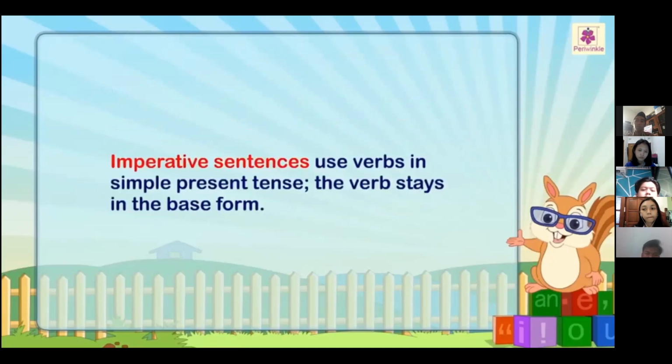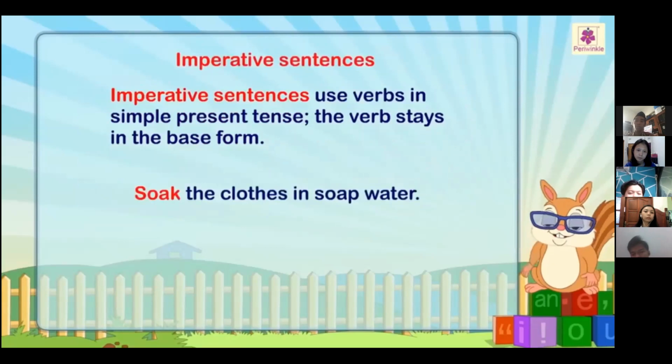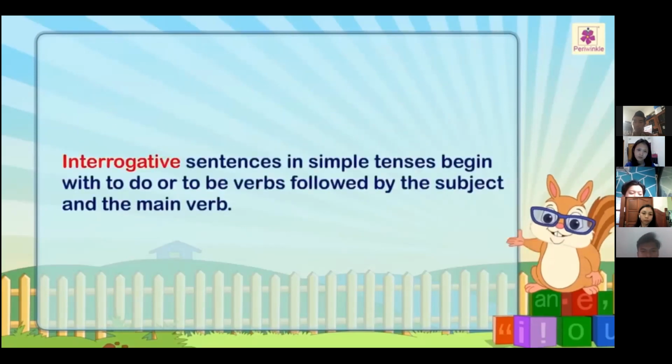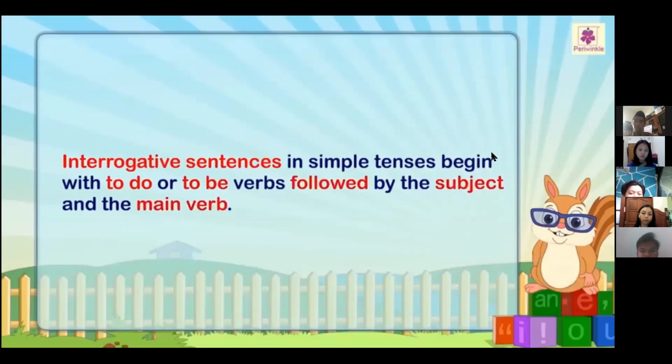Imperative sentences use verbs in simple present tense. The verb stays in the base form. For example, soak the clothes in soap water. Interrogative sentences in simple tenses begin with to do or to be verbs followed by the subject and the main verb.